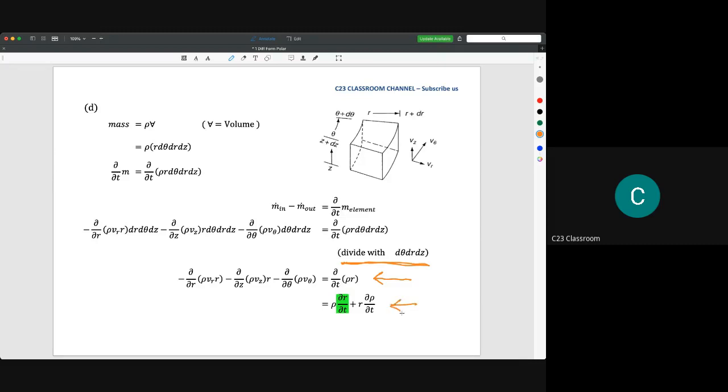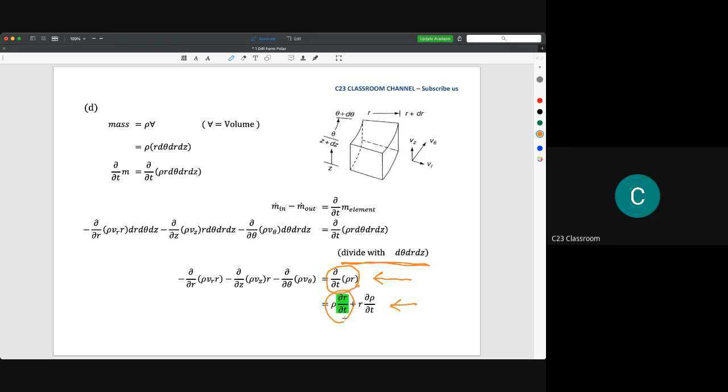Here again, in mathematics it is not only an equation where we put in numbers and solve it. Sometimes in the stage of derivation like this, you need to really understand what you are calculating for. For example, in this situation, when you expand these terms, you will get rho dr dt. Here dr dt means the change of r with respect to time.